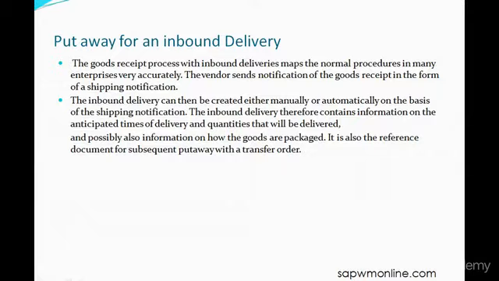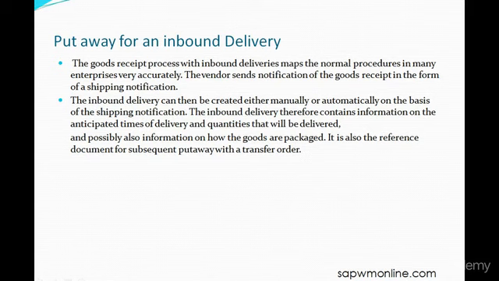There is another advantage of doing a goods receipt with an inbound delivery. Whenever you receive the goods with a MIGO, the system posts the goods at an IM level and the goods are still lying in the goods receipt area at a WM level.